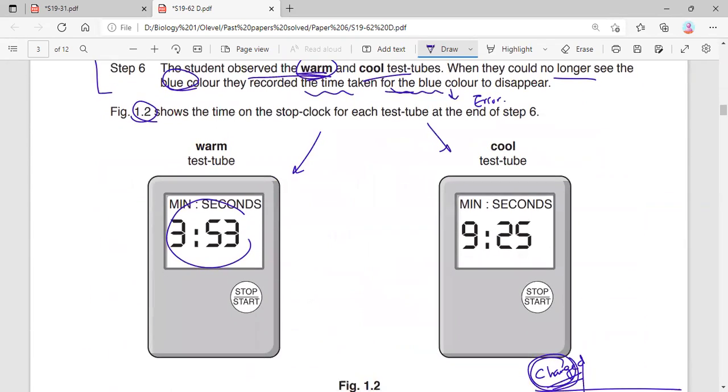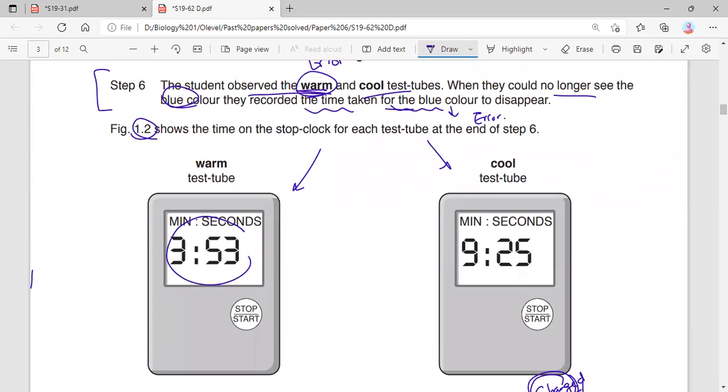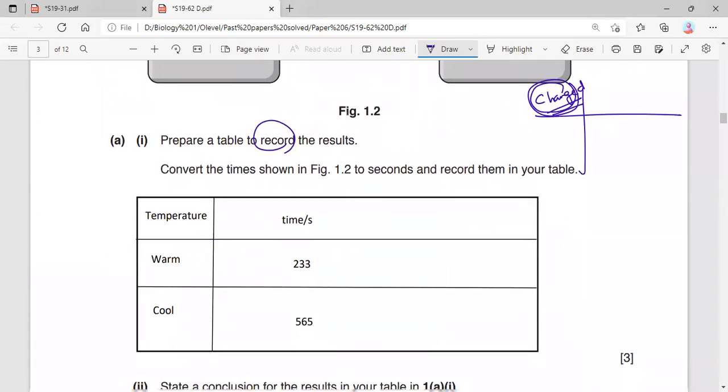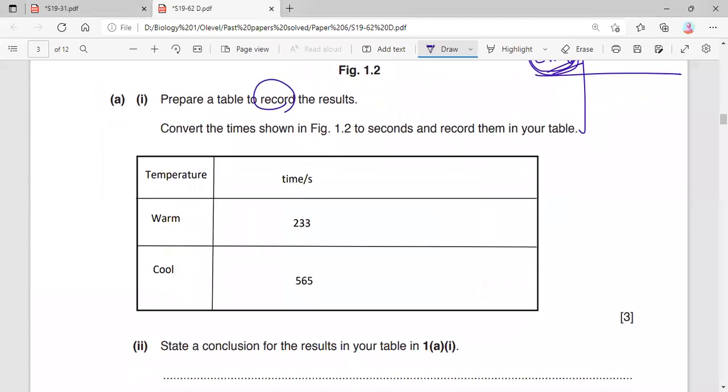What are the results that you are measuring? What were we recording for results? We were recording the time taken for the blue color to disappear. Okay, so this is how you should draw the table. Here is the temperature. One was warm, one was cool. You can even add another column to be more accurate, and you can write the actual temperatures.